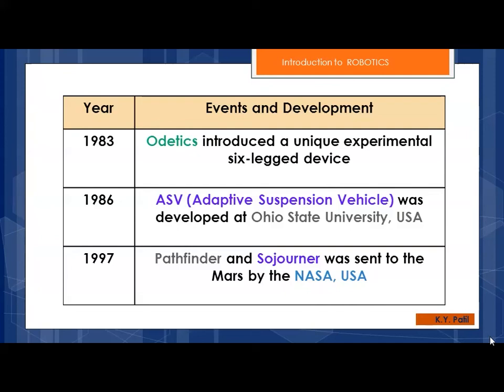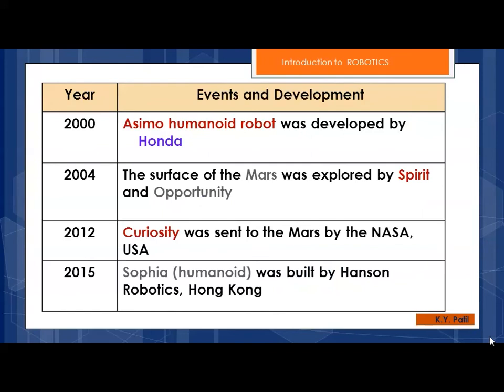But that particular mission was a failure, and that failure was due to some sort of mismatch of specifications. Next, in the year 2000, Honda developed a humanoid robot, the Asimo robot. So, the Asimo humanoid robot was developed by Honda in 2000.